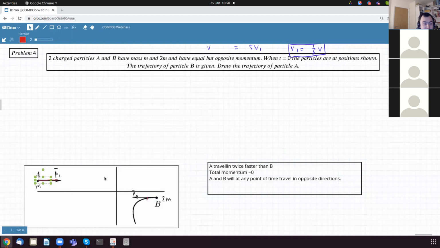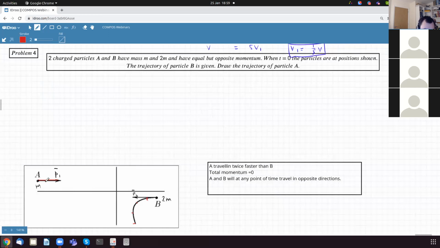Then as it curves, we can roughly split the trajectory into several parts. So let's say 1, 2, 3, 4. And because this is traveling at the same rate, it would be 8 of those.